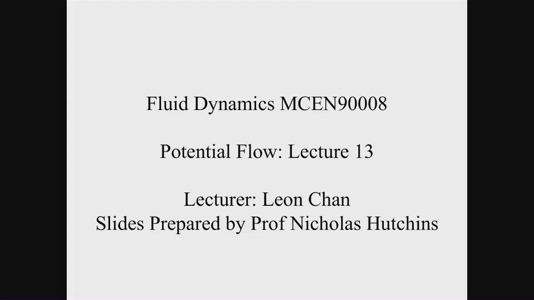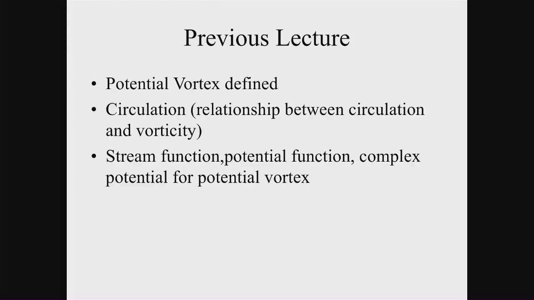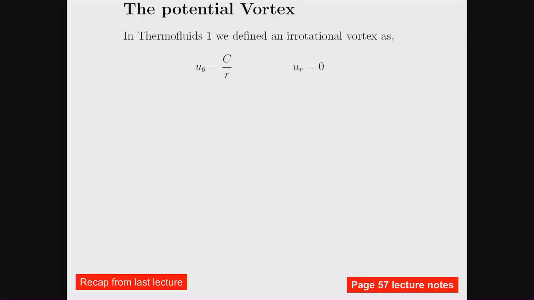Okay, so just a quick recap on what we did last week on Thursday. I introduced the potential vortex to you, which is also known as a point vortex. I introduced this term called circulation, and we also then derived the stream function, potential function, and the complex potential for a potential vortex or point vortex.